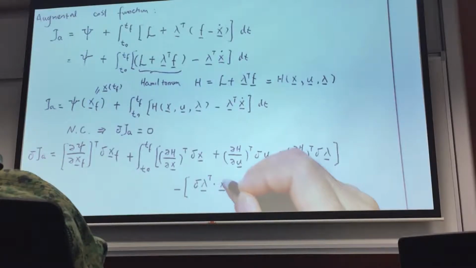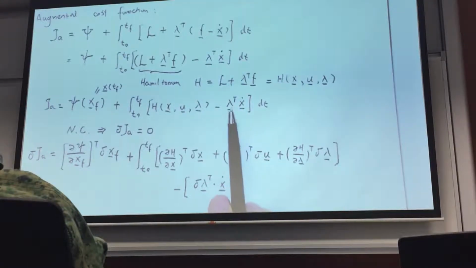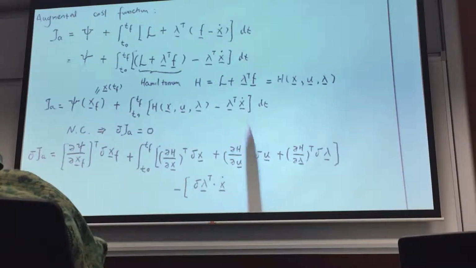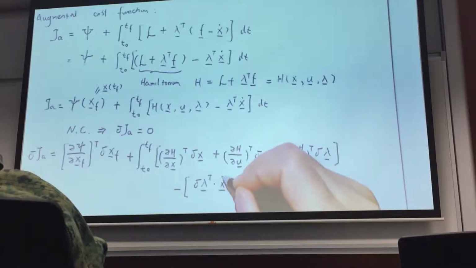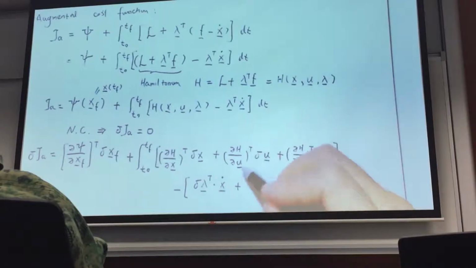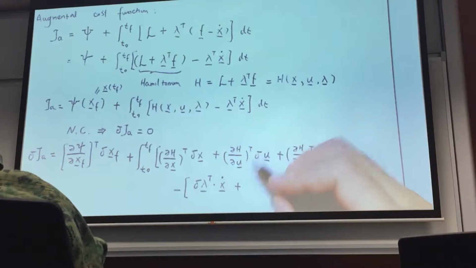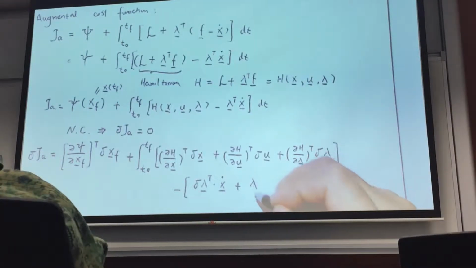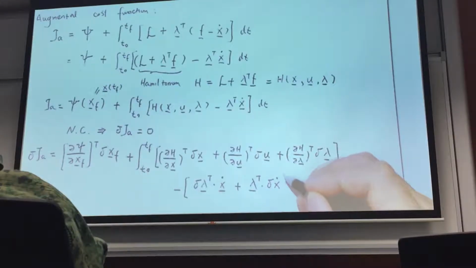We perturb the first one in terms of lambda, multiplied by x dot, plus we perturb the x dot, which will be lambda transpose multiplied by delta x dot.